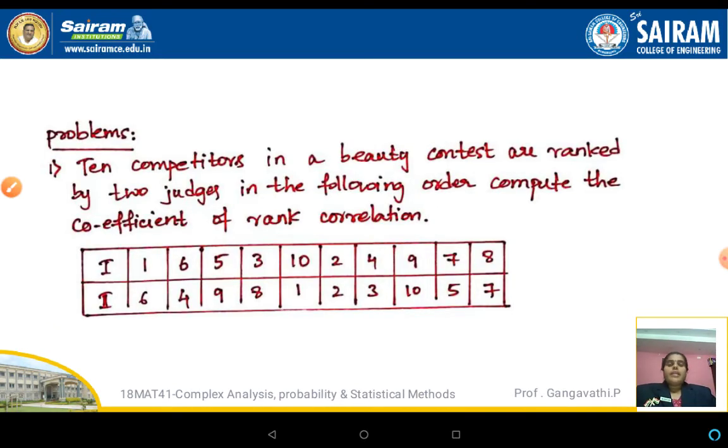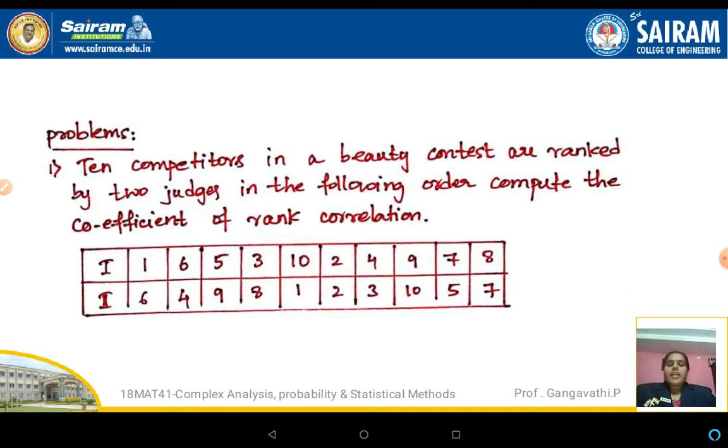So let us see a few examples of how to evaluate rank correlation. First problem: 10 competitors in a beauty contest are ranked by 2 judges in the following order. Compute the coefficient of rank correlation.